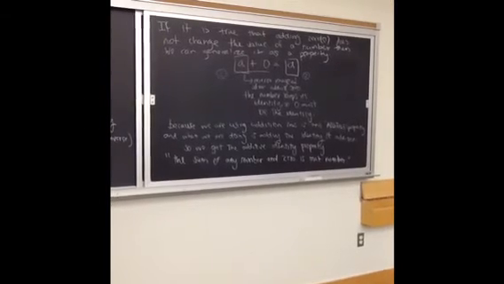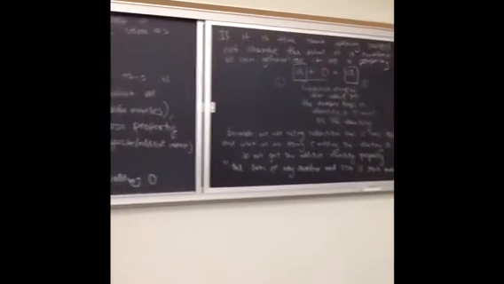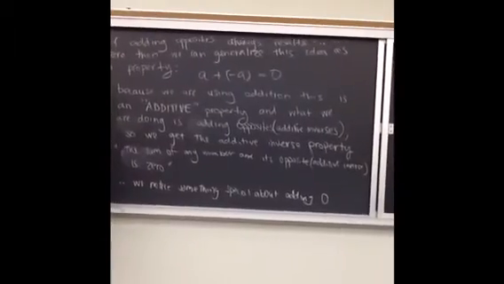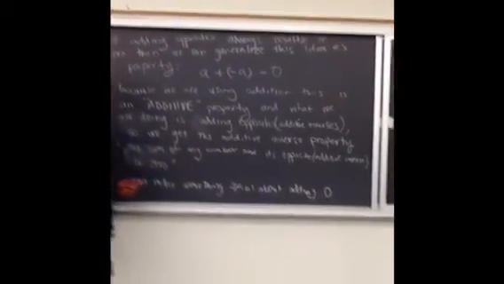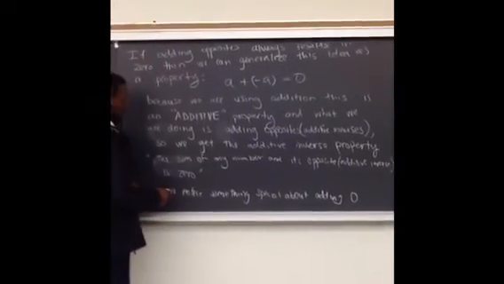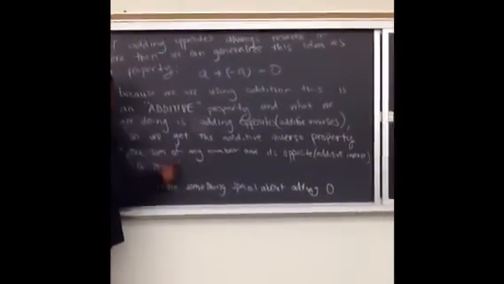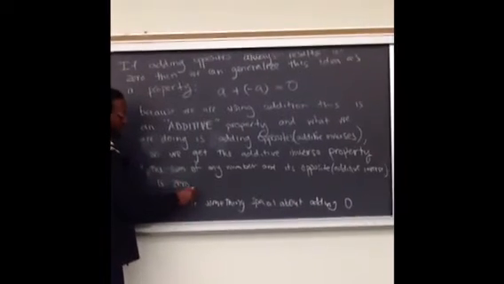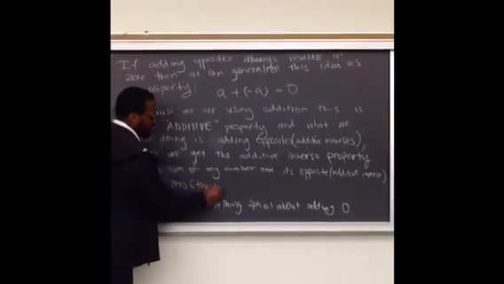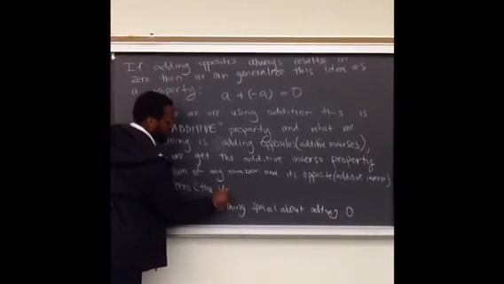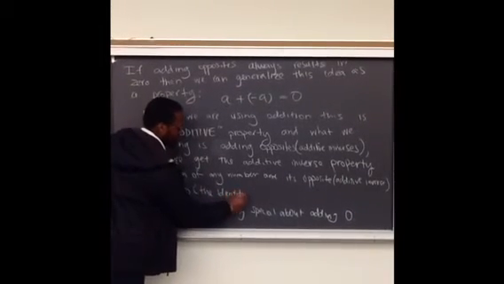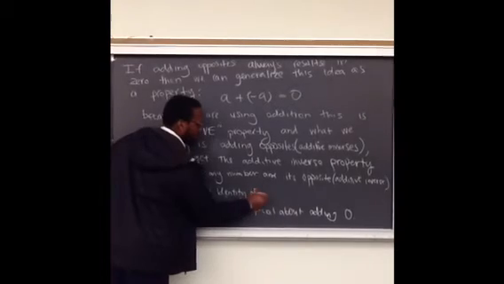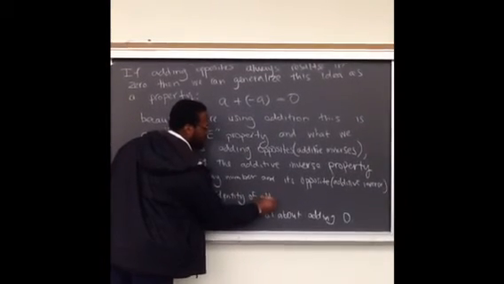Now, if 0 is the identity, we can come back over here and say the sum of any number and its opposite is 0, but 0 is the identity, so we can say the sum of any number and its opposite is the identity of addition.